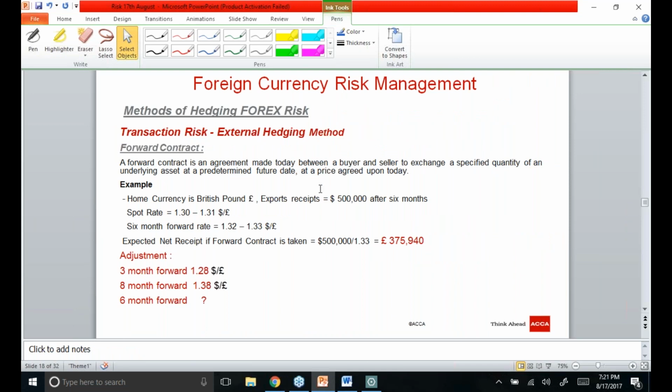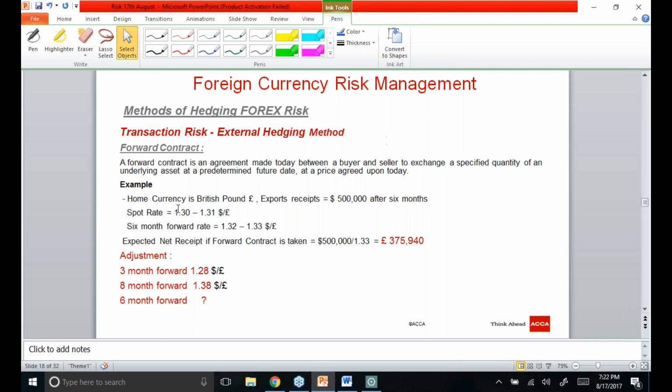What is forward? Forward contract is an agreement made today between buyer and seller to exchange a specific quantity of an underlying asset at a predetermined future date at a predetermined price. So forward is a legally binding contract between two parties to buy or sell currency in advance at predetermined rate and a pre-specified date.